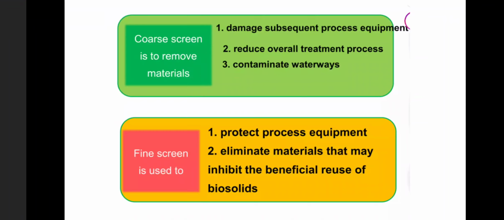When the motor rotates, the drive assembly rotates the chain, and there is a raking tine provided on the chain. Once the chain rotates, it collects the floating materials present in the wastewater and takes them to the bottom, and those materials are collected in the screening tank. There is also a bar rack provided.